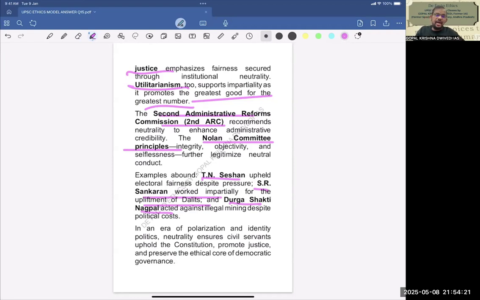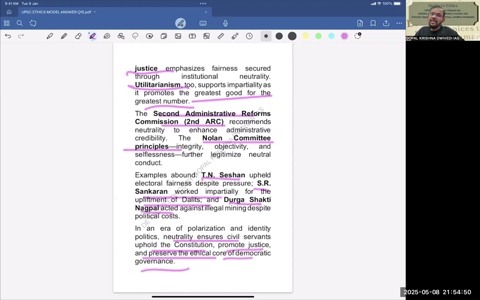So in an era of polarization and identity politics, neutrality ensures civil servants uphold the constitution, promote justice, and preserve the ethical core of democratic governance. So this kind of conclusion we can derive.